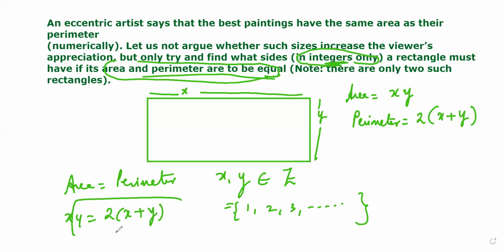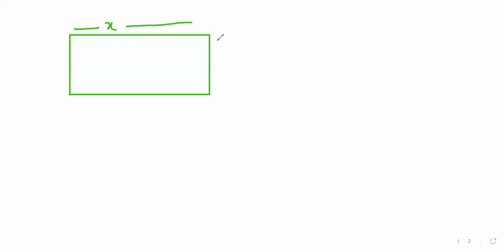From this equation, we are going to find values of x and y which satisfy the equality and which are also going to be integers. Just move on. One possible case: I'll draw the rectangle again, with sides x and y.